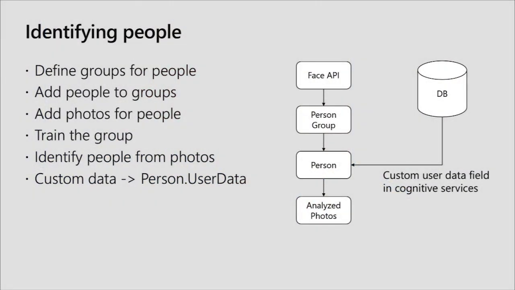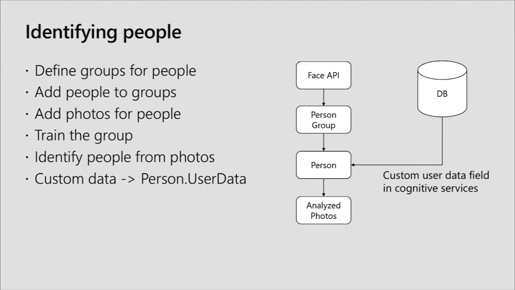So Azure Face API has for this the term person group. Person groups are, let's say, like a top-level container to organize people we want to identify into different groups.